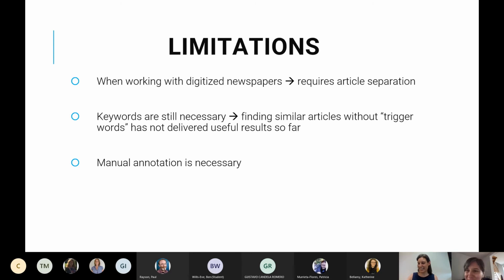Yeah. Ben, did you want to add a comment there? Yeah, I think Paul's covered that. I think that the language thing makes it harder. Yeah. I've played around with transformers a bit, and they will give you an overall sense of a corpus.